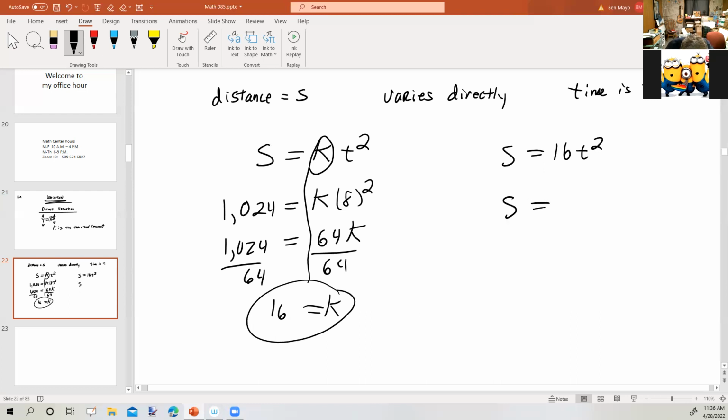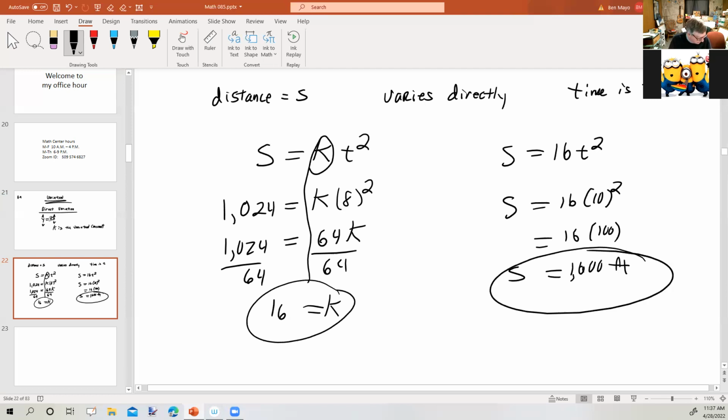So s equals 16 times the time squared, which is 16 times 100, which is 1,600 feet. How far will the object fall in 10 seconds? 1,600 feet. So this again is an example of direct variation. As the time increases, so does the distance that it falls.